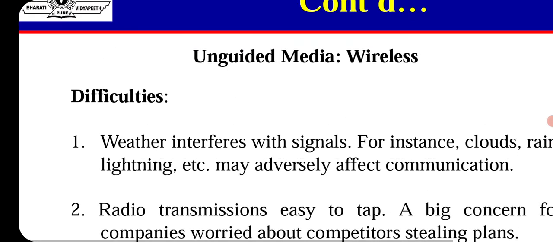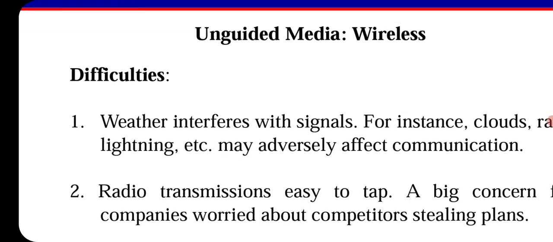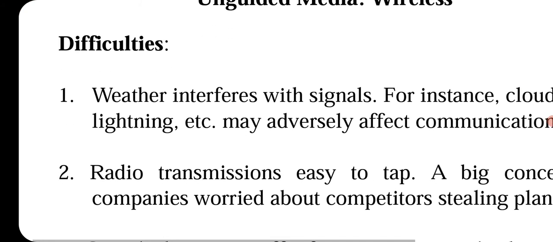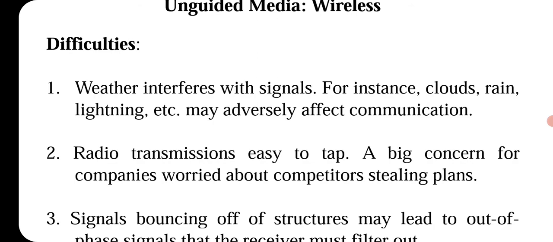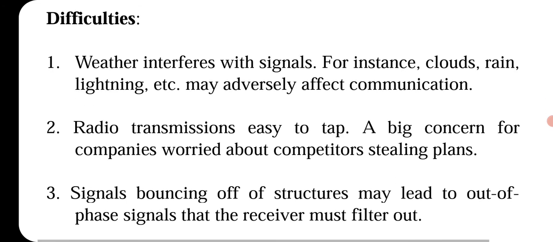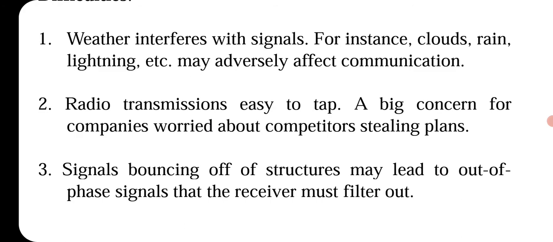So, what are the disadvantages or difficulties of unguided media? First, weather interferes with signals. For instance, clouds, rain, lightning, etc. may adversely affect the communication. Second, radio transmissions are easy to tap.